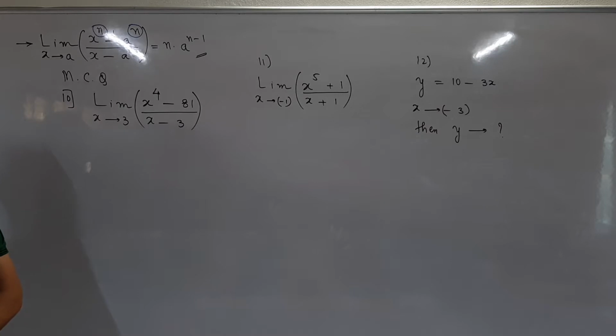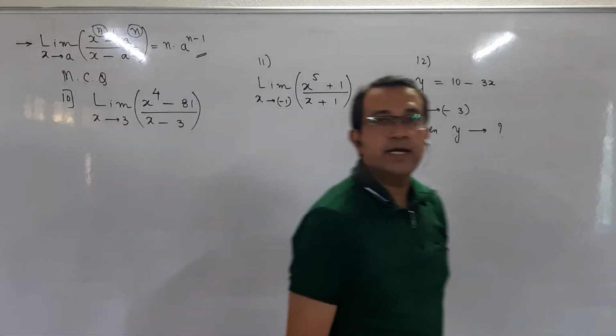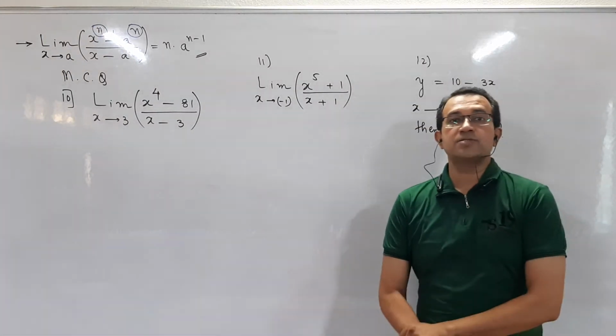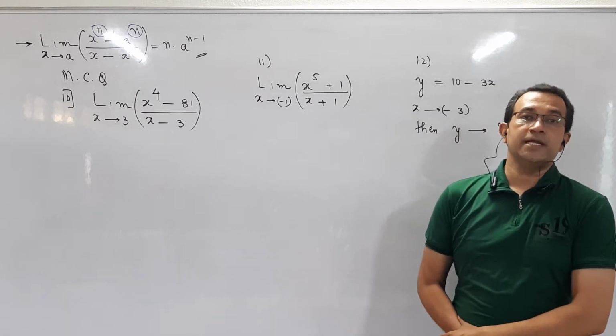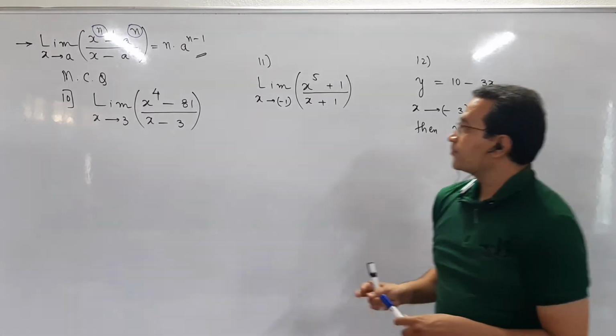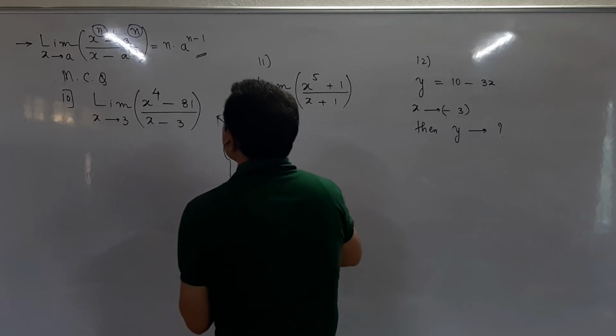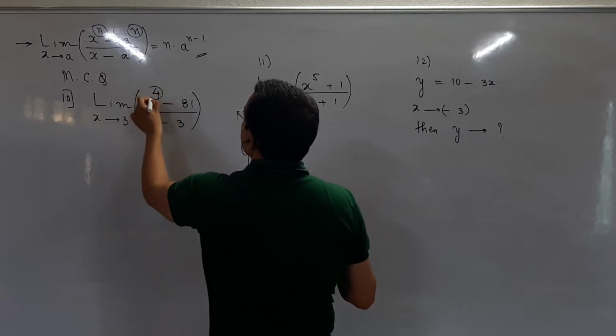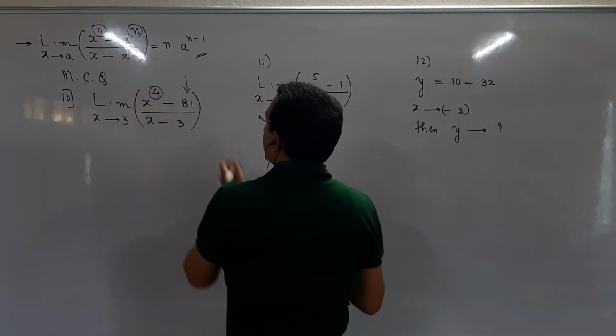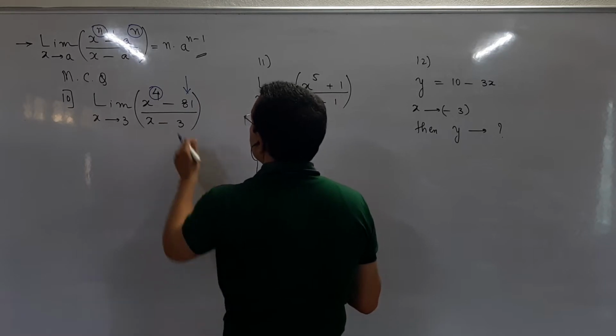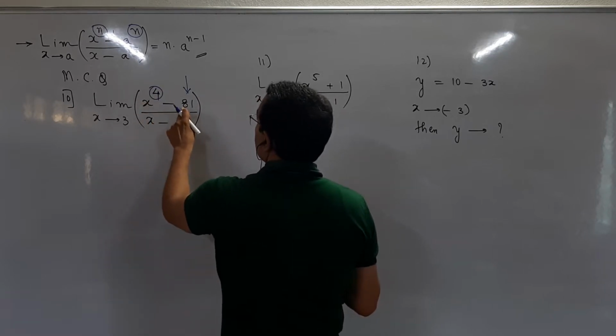Here, power of x is 4. So this term must be modified as x raised to n minus a raised to n.